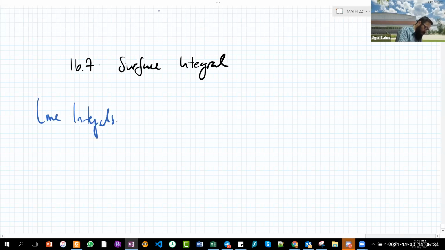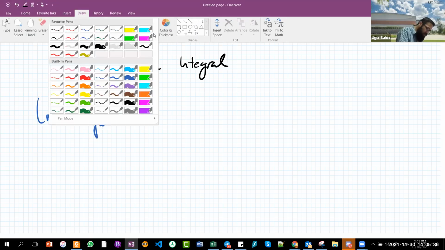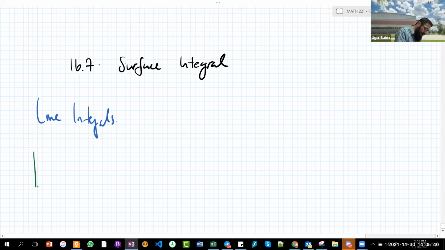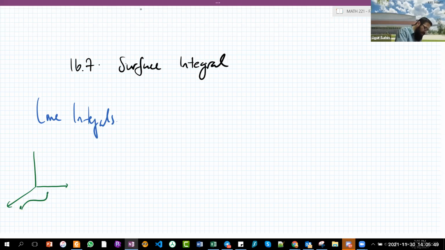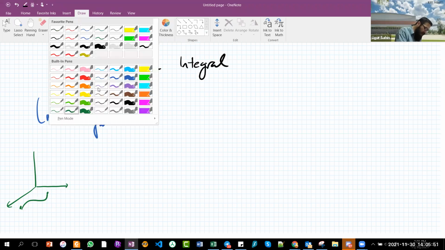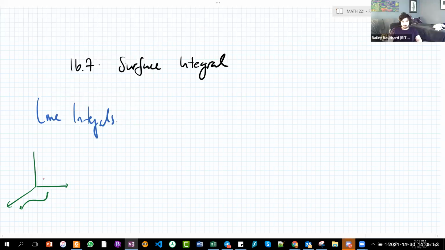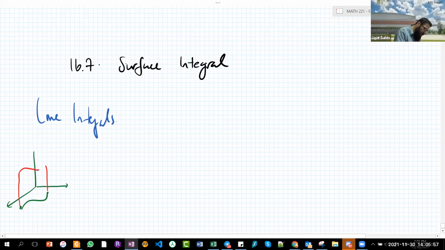Line integrals. All right, I had a curve in this space, something like this. What I did, I tried to use my Riemann sum over this curve, and there was a function going through something like that, but I chose this curve along the way.